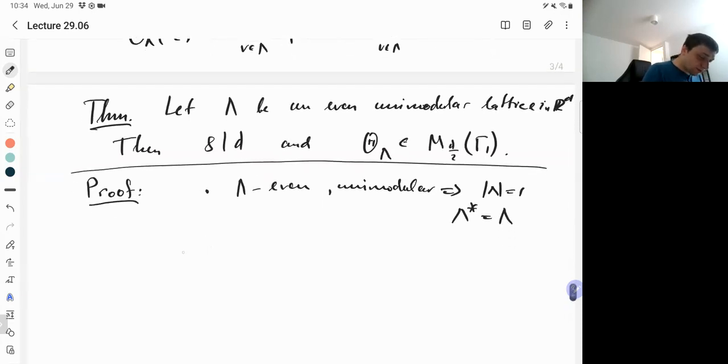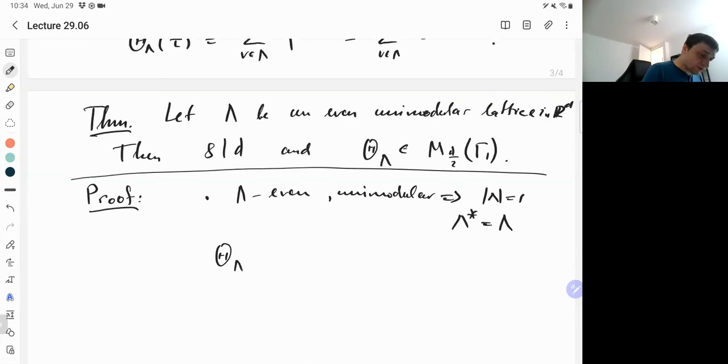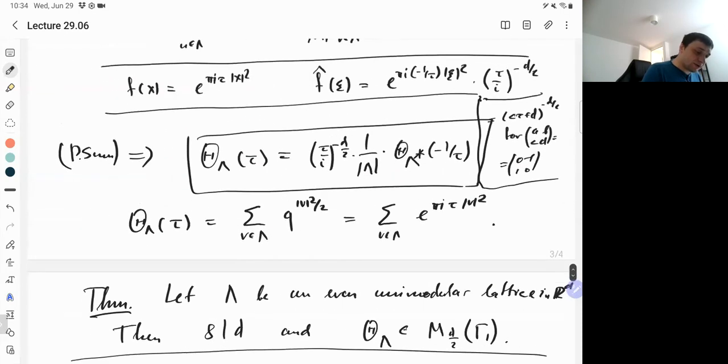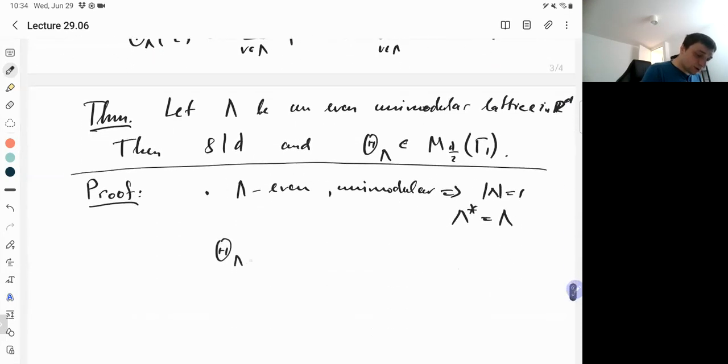So if you look at this non-trivial transformation property, we get the factor to the power minus d over 2, and since the covolume is 1, we don't care about it. And then the lattice is equal to its dual, so it's again the same function.